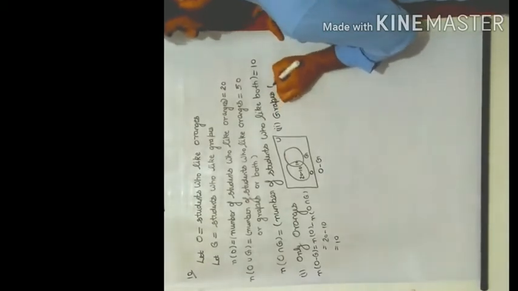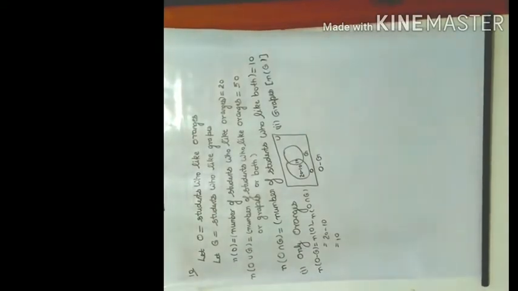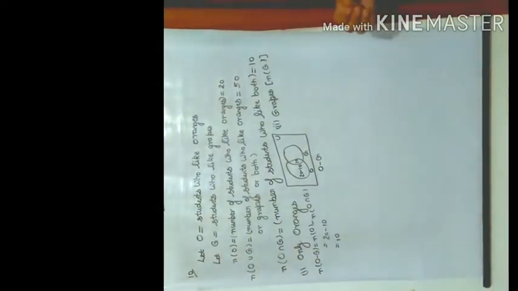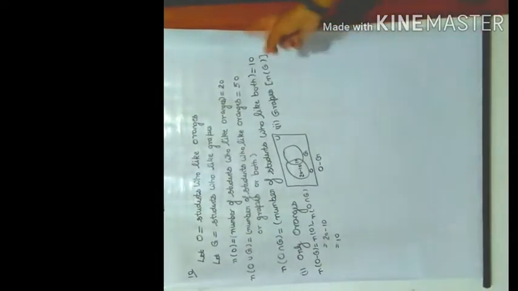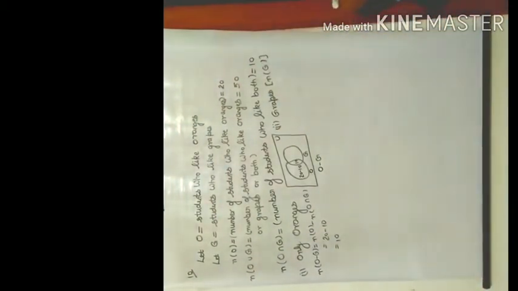Grapes means N of G. So to find out N of G, how to find out N of G? Are you knowing this formula? N of A union B minus N of A will give you N of G. That means this group will include the people who are having grapes as well as those who are having grapes as well as oranges.